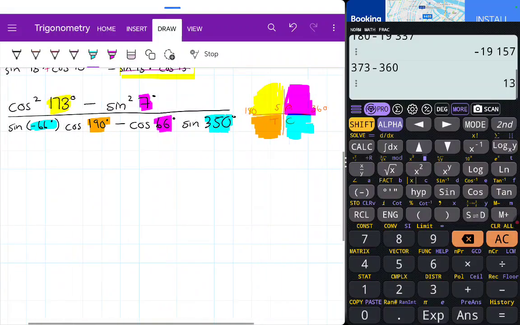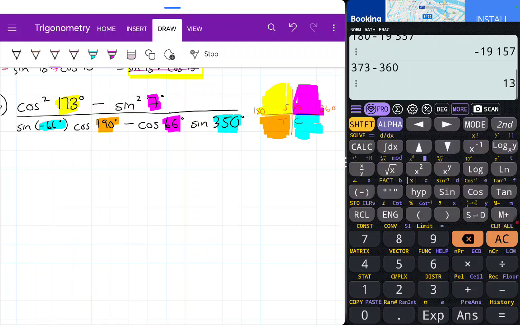Knowing where everyone is helps us to identify who's positive and who's negative. In the yellow quadrant, sine is positive, so cos is negative. But cos squared is positive, because negative squared becomes positive. Sine squared is positive as well, and besides that it's in our all quadrant.